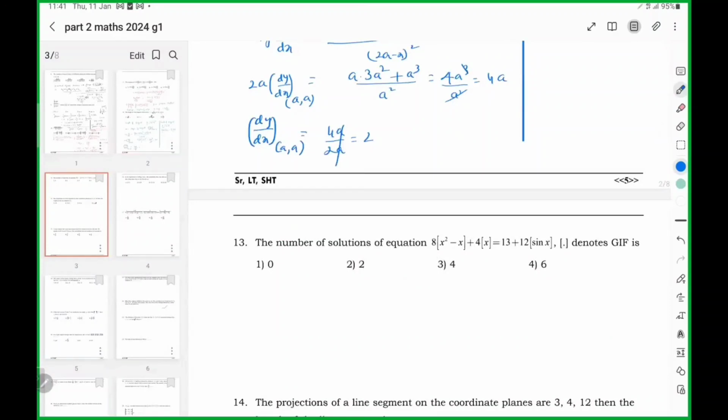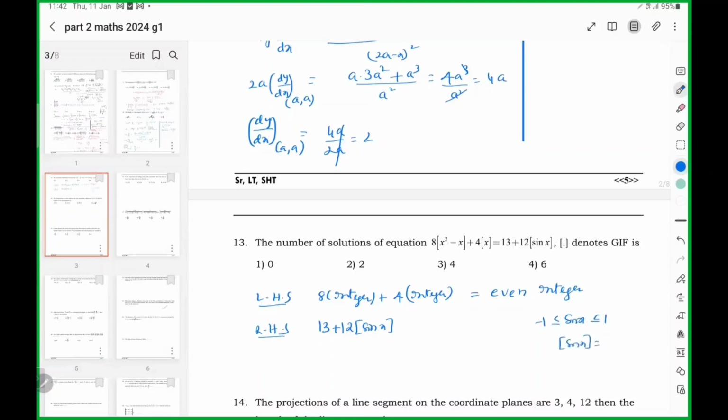Here, left hand side, 8 into integer, it is a step function, 4 into integer, we get 12. Or we can say it is finally an even integer. But right hand side, if you observe, 13 plus 12 integral part of sin x, we know sin x lies between, step of sin x will be possibilities.